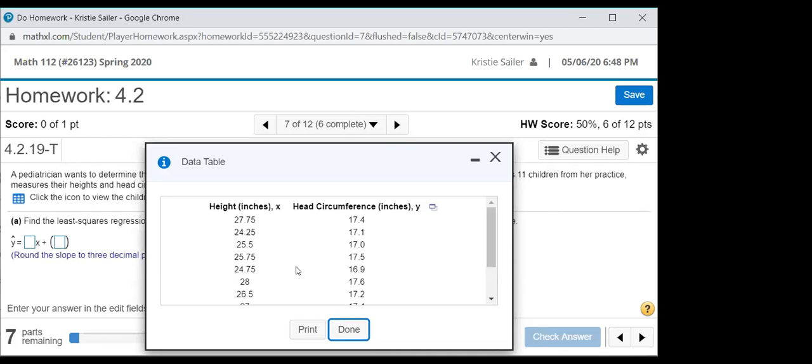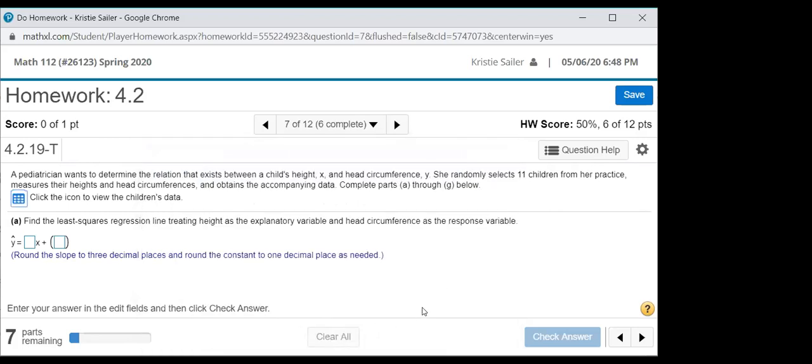Okay, so you're trying to find, because you have the data on your screen, I can't see, the least squares regression line, treating height as the explanatory and head circumference as the response. So basically, have you been getting regression lines on your calculator?